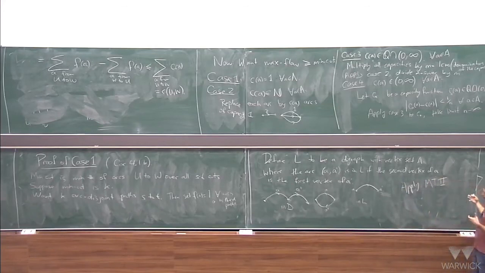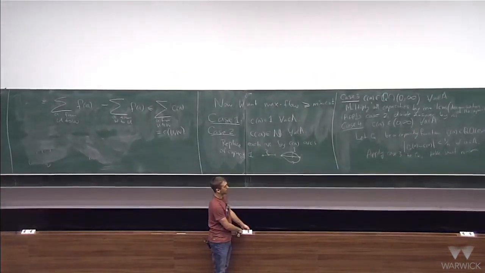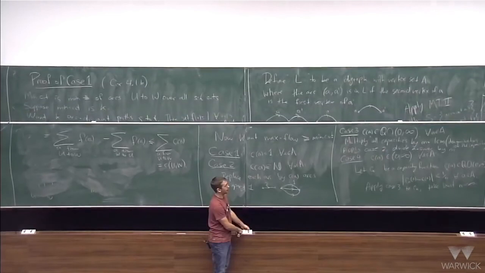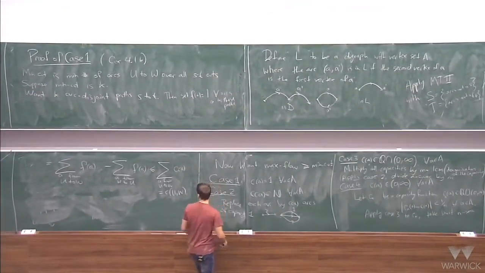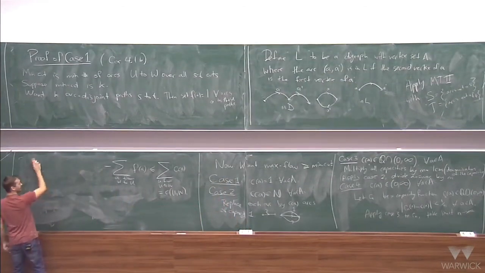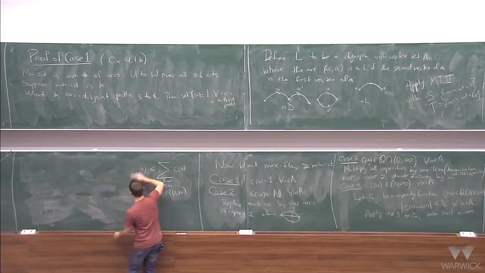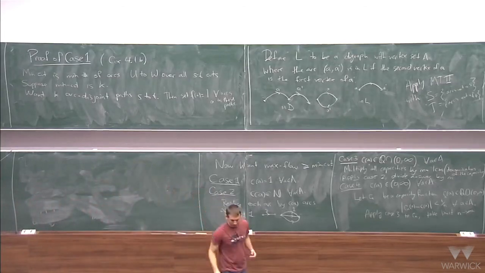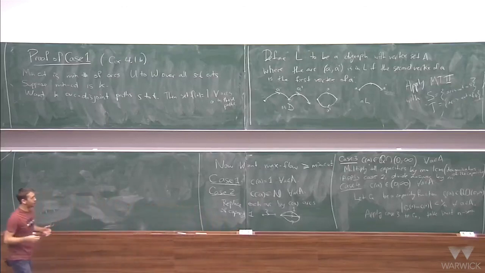Menger's theorem 2 is for finding paths between sets of vertices, where capital S is going to be the arcs out of little s, and capital T is the arcs out of T. These are both vertex sets within L, because arcs of D are vertices of L. It's very possible that between today and yesterday you may have forgotten the statement of Menger's theorem 2, but I don't have time to go through it again. If you look into your notes, hopefully it's there.